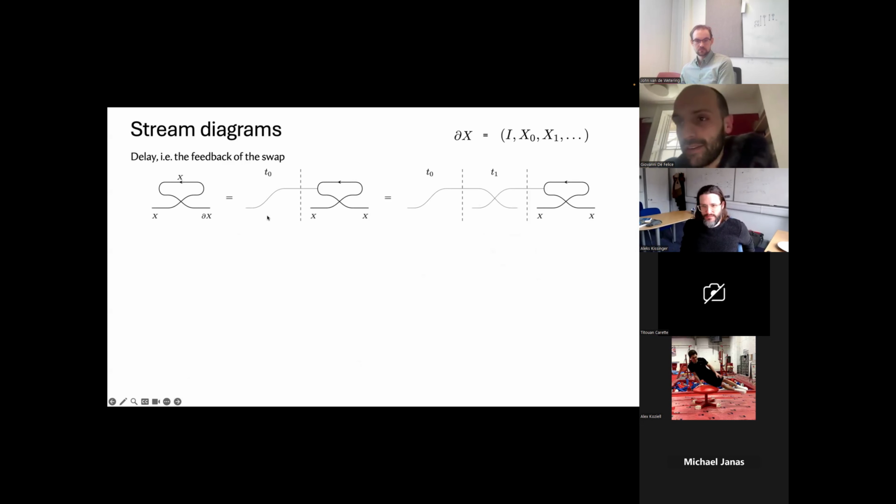Similarly, we can define the delay. Here I'm going to use delta X to denote the sequence where we have the unit of the tensor in the first spot at the first time step. So the first output is that there's no output at time step 0 from a delay line, from a delay loop. The first thing that happens is just that the input goes into the memory.